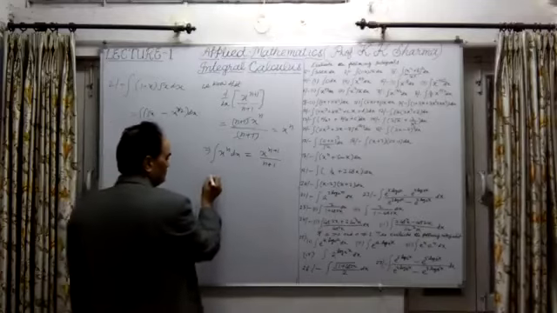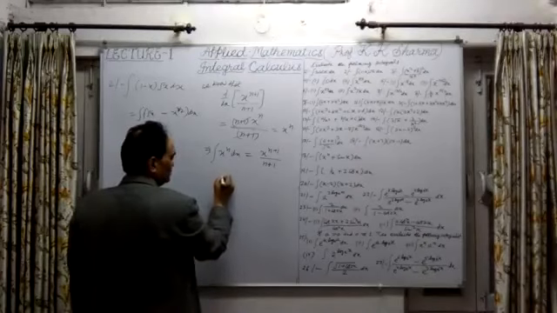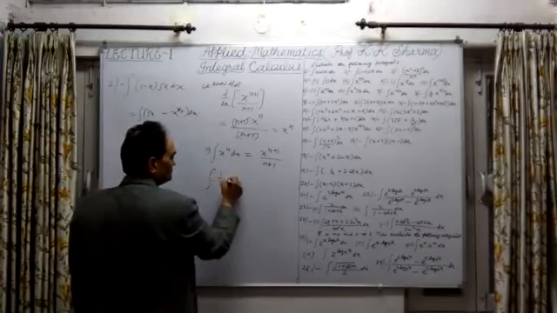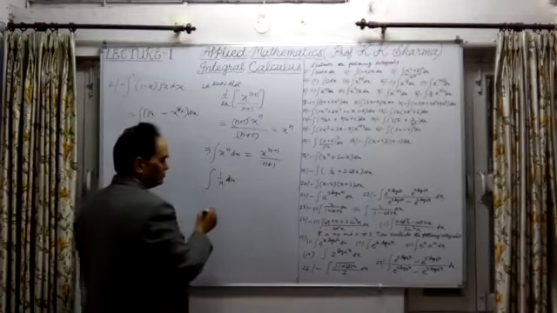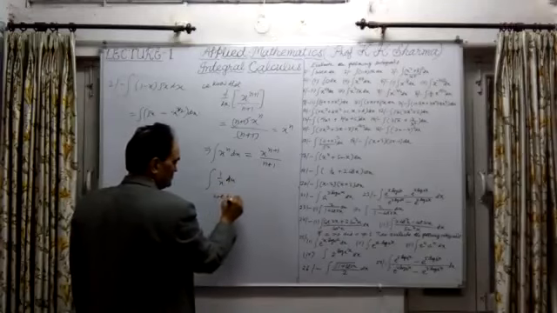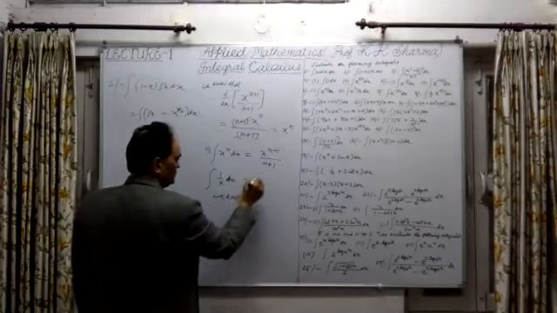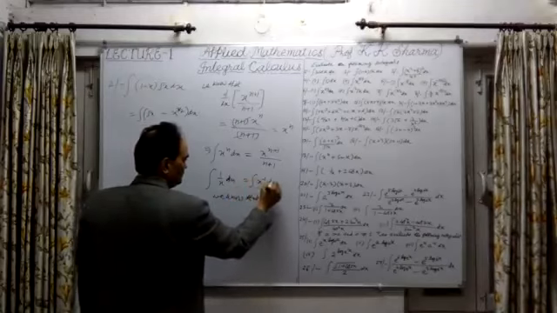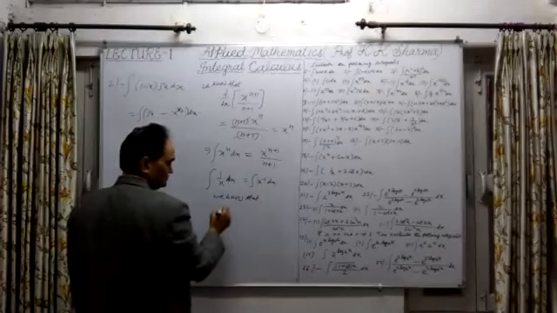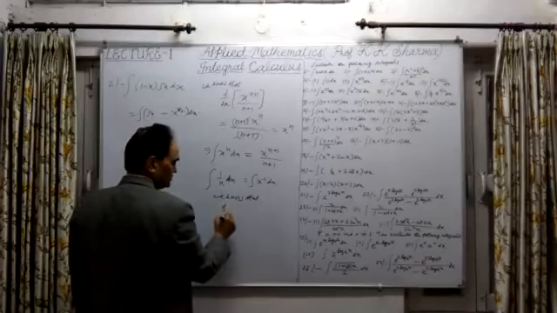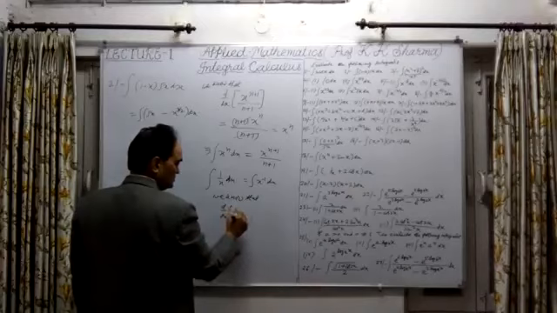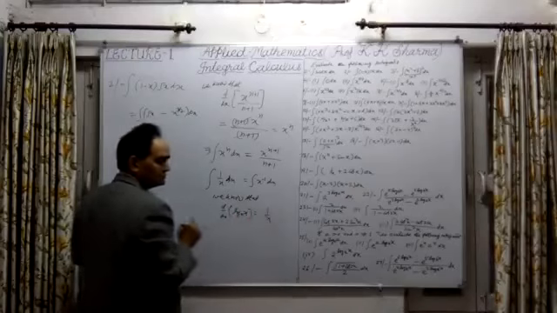Now let me define that. What is the integration of 1 upon x? We know that this is the integration of x raised to the power minus 1 into dx. Now we know that the differentiation of log x to the base e is equal to 1 upon x.